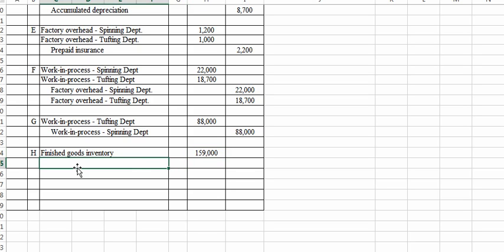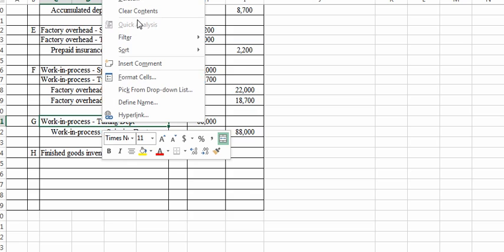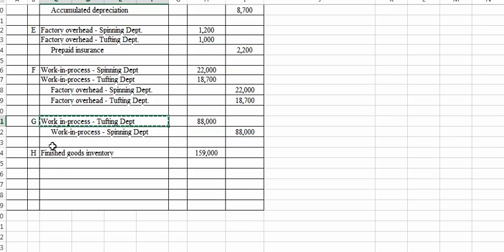The account to credit is going to be work in process tufting department, as the goods are moved out of the final department and into finished goods. And the credit is, of course, for $159,000. Okay, then on I, they tell you which ones out of our finished goods were sold.